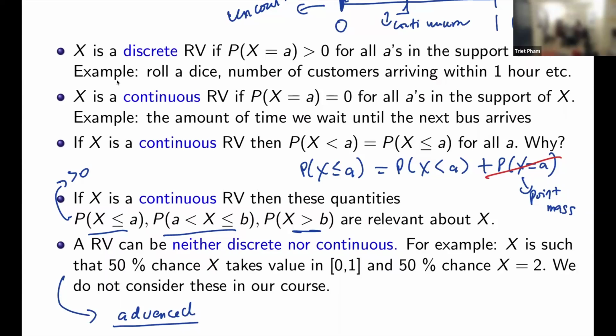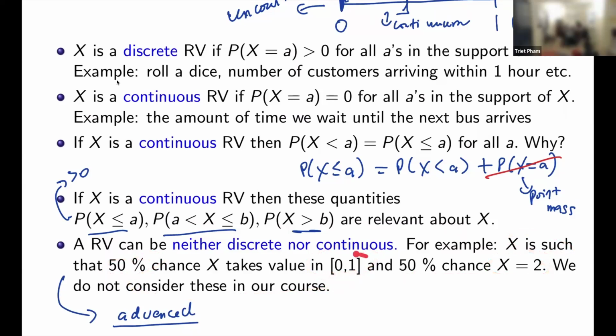It's advanced, as I said; you won't see this as much in this class. It's more for stochastic processes and things like that. But you can toss a coin, and if it's head, then you take a value in [0, 1], continuous. If it's tail, you're exactly 2.